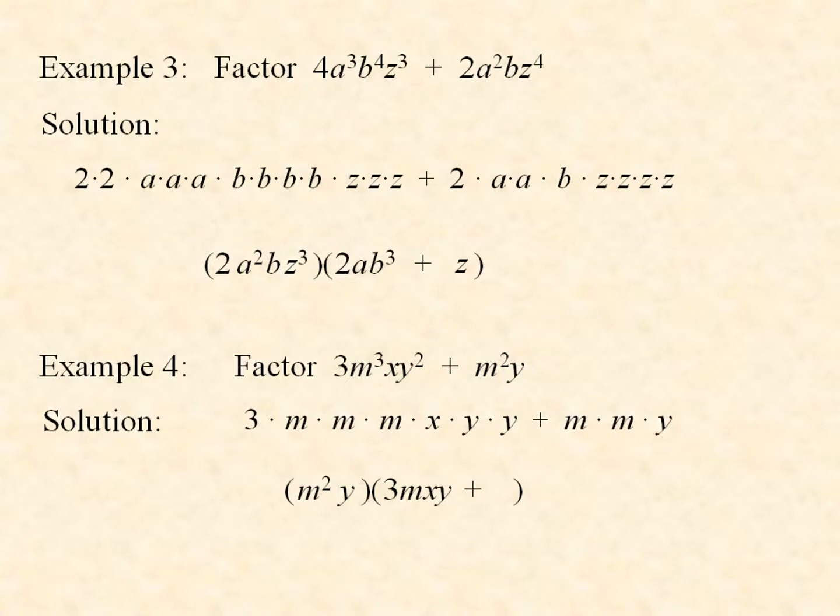And then for the last term, the m squared y, we already have m squared y as the greatest common factor, but we have to multiply it by something added here, and the something is 1. Anything times 1 reproduces itself. So we place a 1 there, and this is the factored form of that expression.